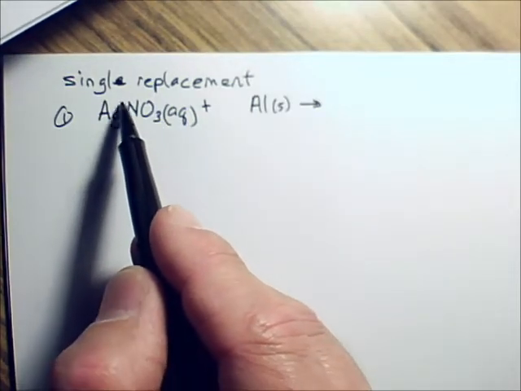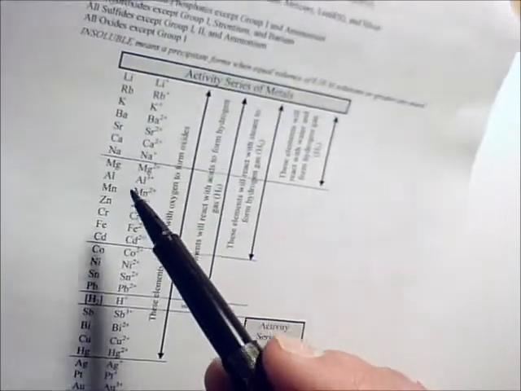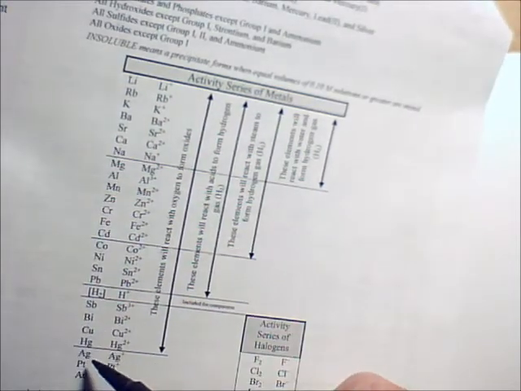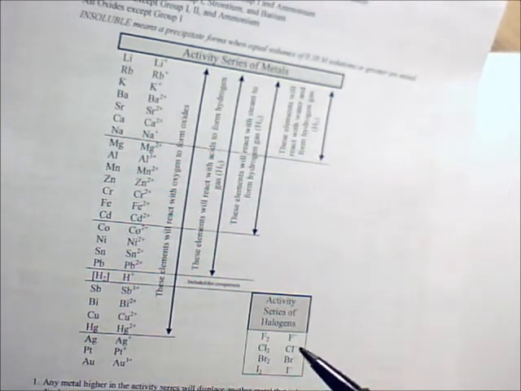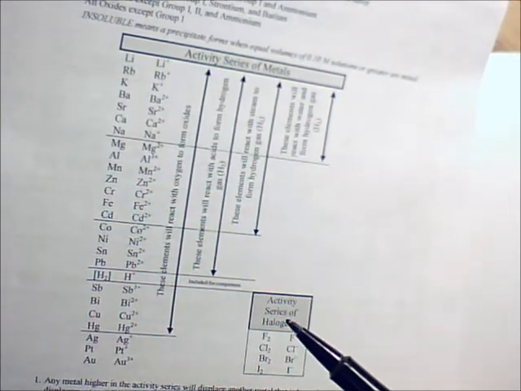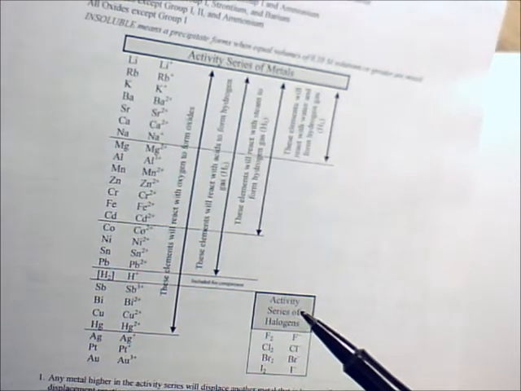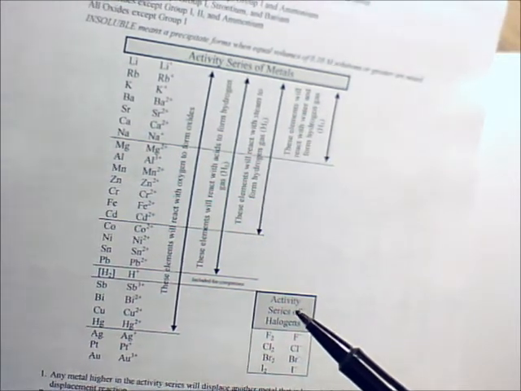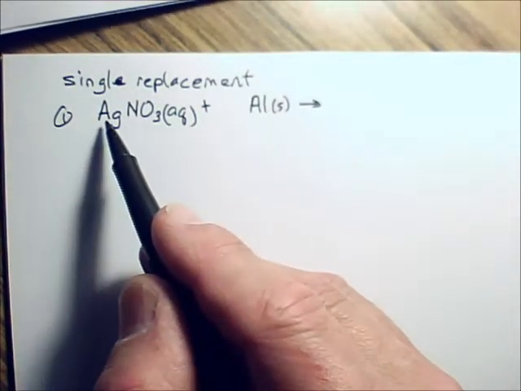And so this is actually Ag1+. So this aluminum up here is higher than the silver down here. So the aluminum will displace the silver. So we have a driving force for this reaction. That's all there is to reading it. Okay? So aluminum will displace silver.